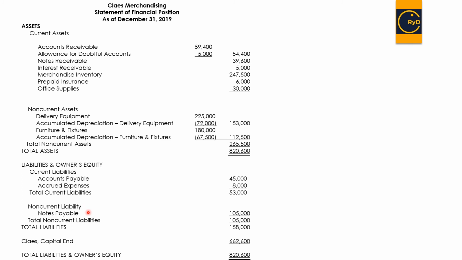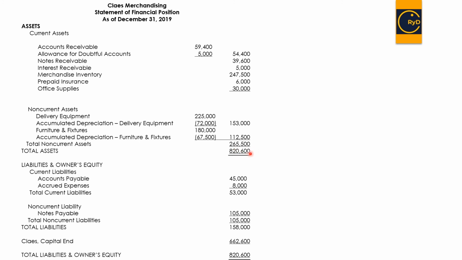Here, the notes payable is given as due in 3 years, meaning you should classify it as a non-current liability. So if we get the total of our liabilities and owner's equity, we arrive at 820,600. It should be the same amount as our total assets.